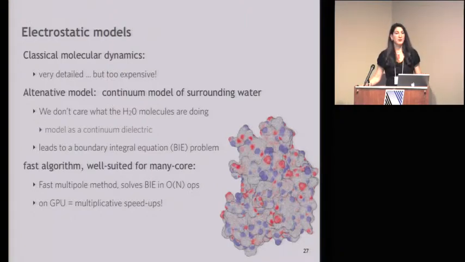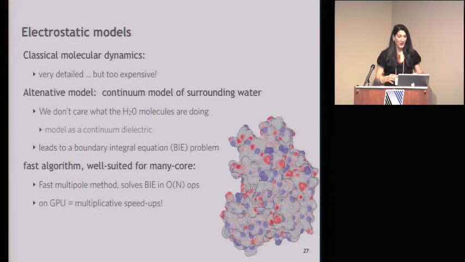Basically, the fast multipole method, the algorithm that we use to solve this problem, is computationally intensive. It requires a lot of computation compared to data movement. And so it's better suited than finite difference, but it's not as well suited as all pairs molecular dynamics. It kind of sits in the middle.